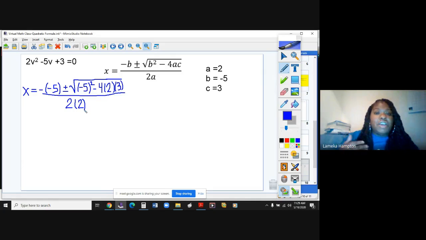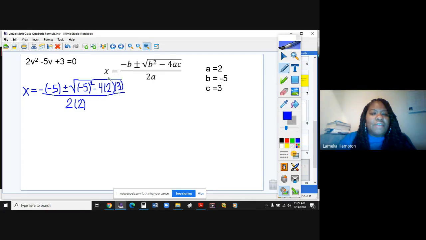So again, the only thing that I did was simply substitute the numbers for the letters. Wherever I saw an A, I put in 2. So I put my 2 where this A is, and I put my 2 where this A is. Wherever I saw the letter B, I put in the number -5.